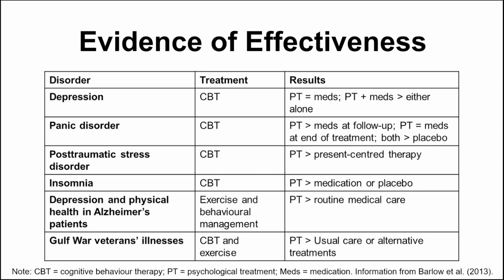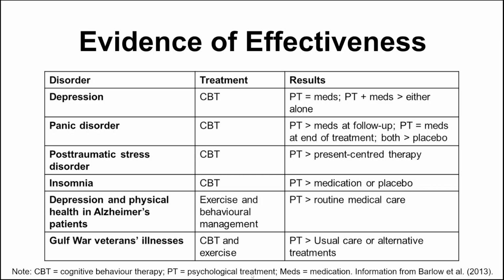Now, this is another interesting diagram here. This is from 2013, and what we're looking at are a couple of common disorders where we've been looking at similar treatments, cognitive behavioral therapy or similar, and where we have studies that show some results that give us evidence that our treatment methods are effective. There's lots of symbols here, lots of short forms.